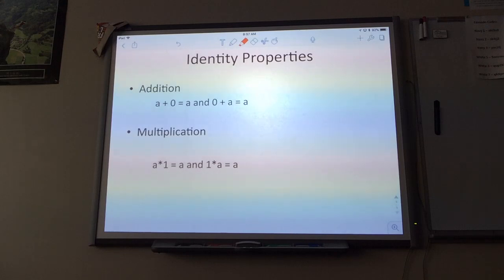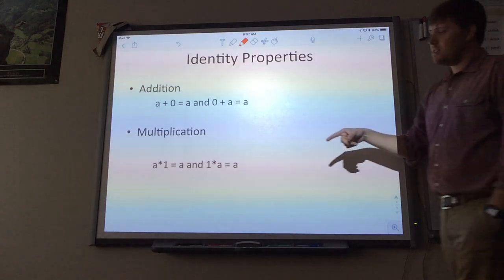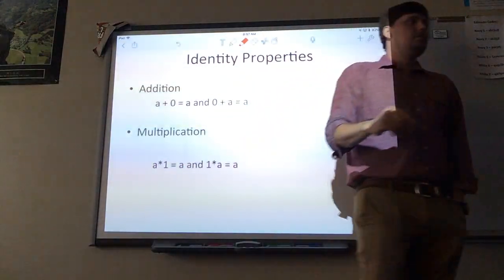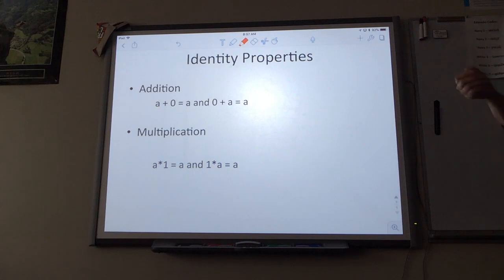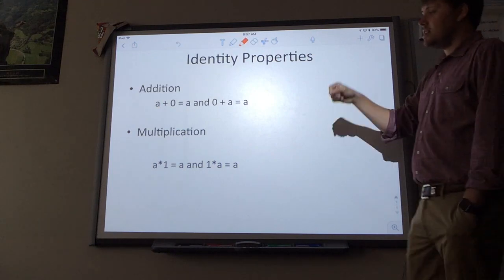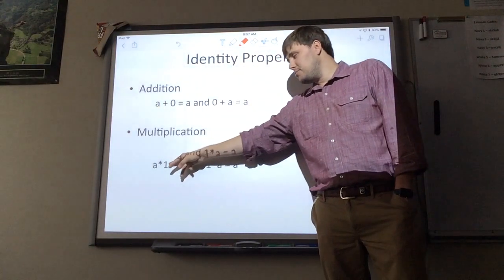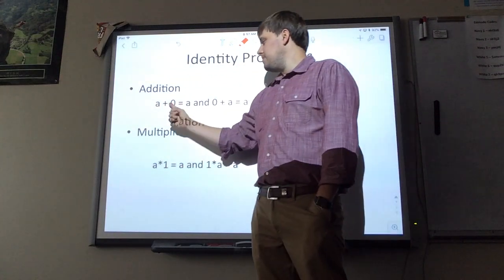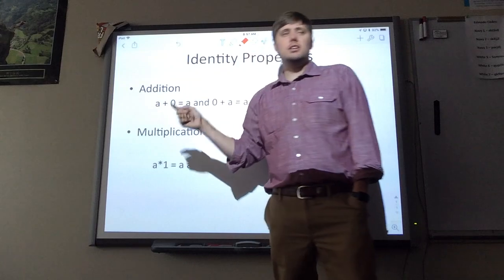For multiplication, if you multiply times 1, the identity doesn't change. If you do 0, then it does change. Right, so the identity property of multiplication is 1, not 0. Because if you multiply times 0, then yes, it does change. It changes to a 0. Same thing here. If you added 1, that's obviously going to change.